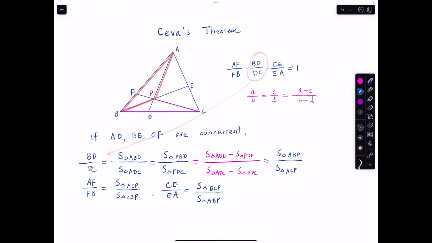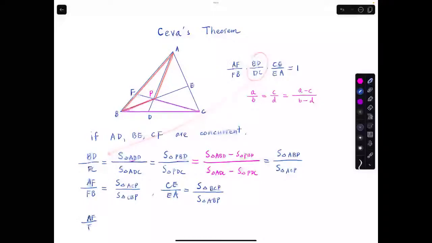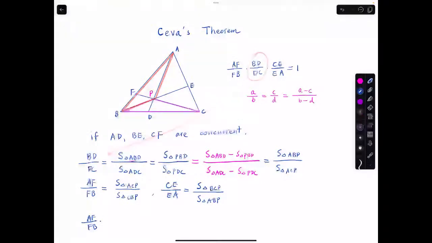So the left hand side is going to be AF over FB times BD over DC times CE over EA. We're going to plug in the area ratio.